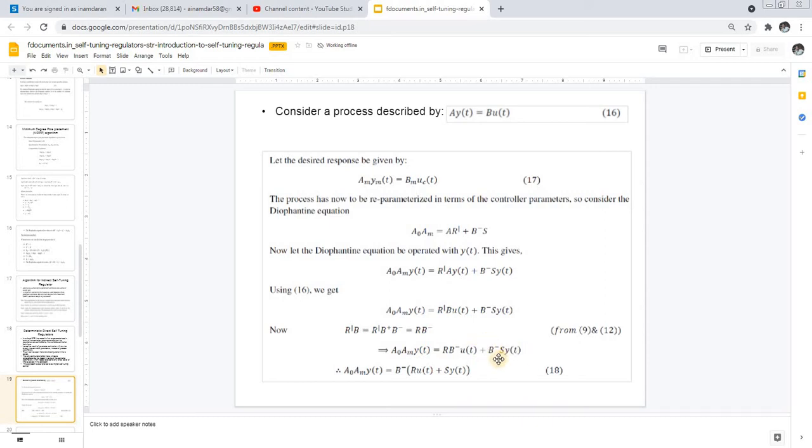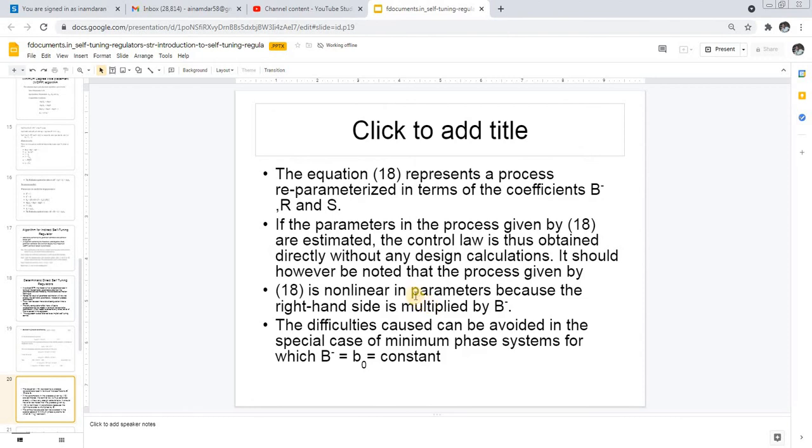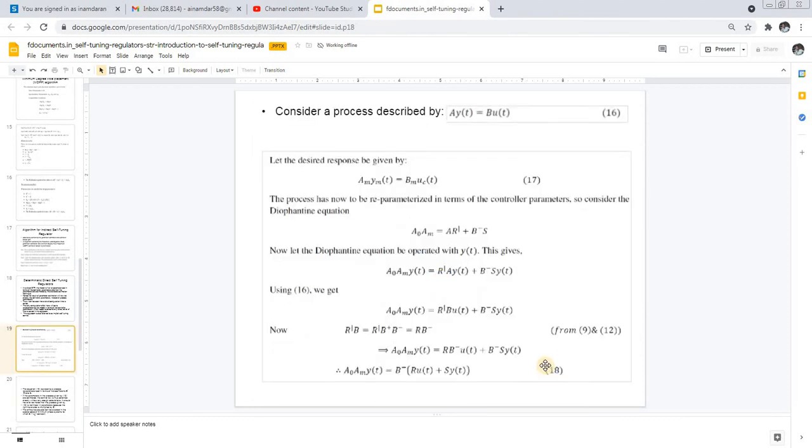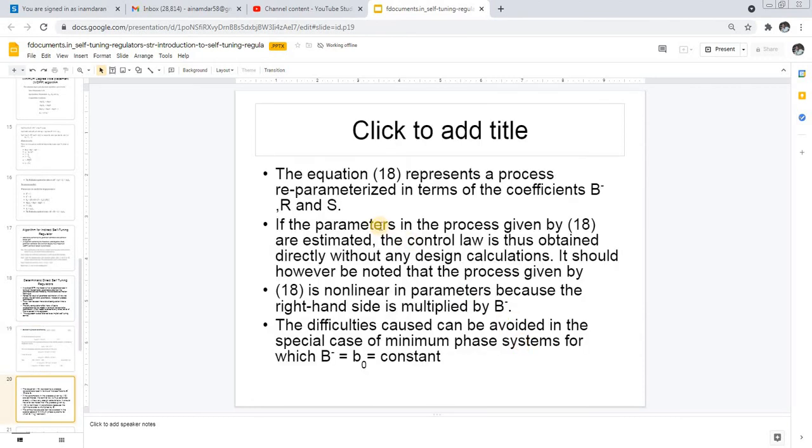Now we take y(t) to the left hand side, and B minus is common, so it is taken common and the related terms are taken into the bracket. Now equation number 18 represents the process.